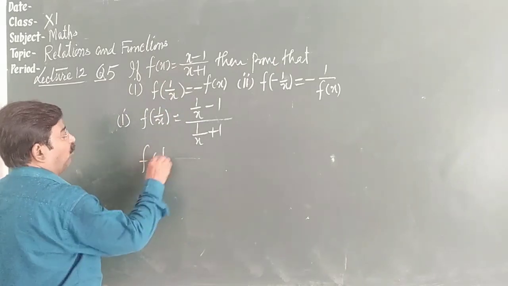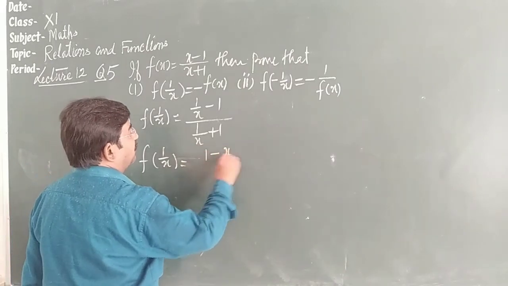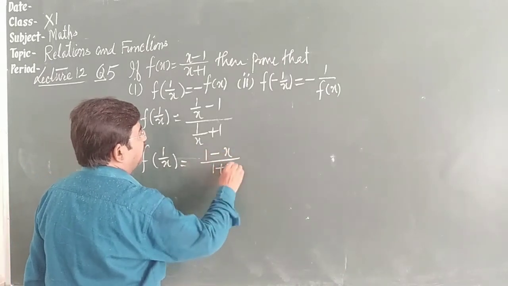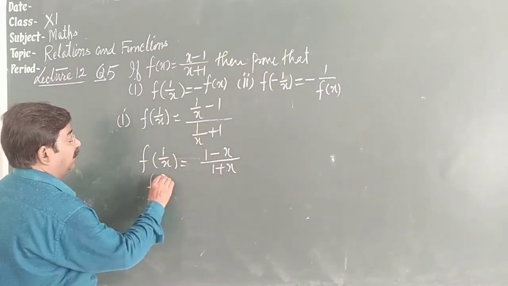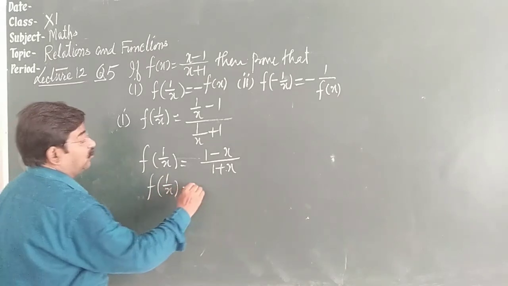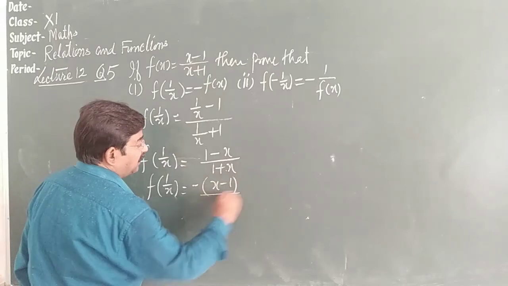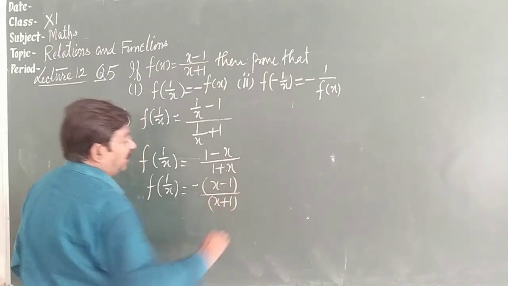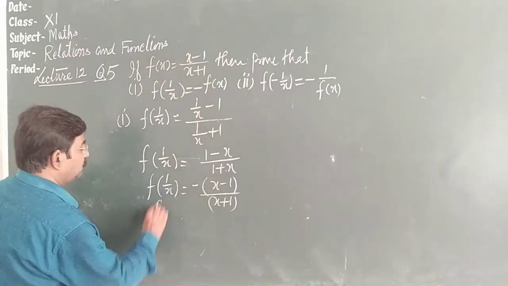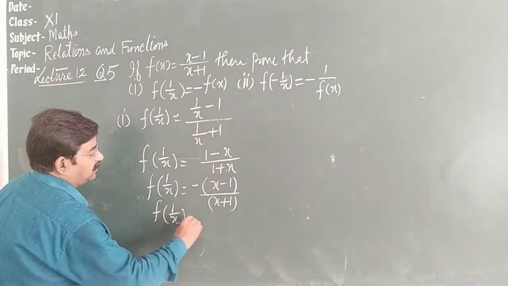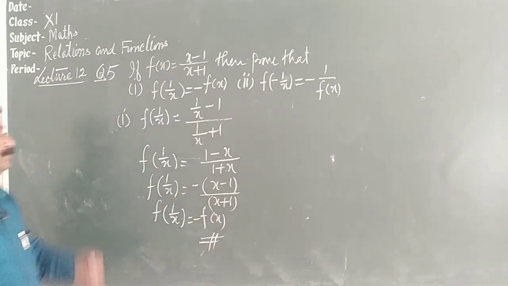So by LCM, f(1/x) = (1 − x)/(1 + x). Take the minus sign common here: f(1/x) = −(x − 1)/(x + 1). So it can be written f(1/x) = −f(x). This was to be proved in the first part.